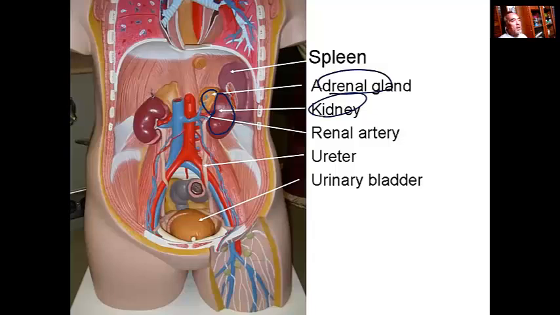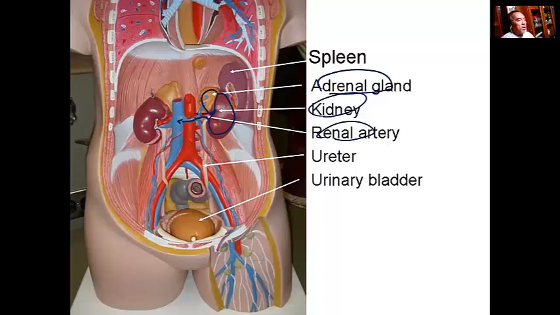Now we see the renal artery that enters the kidney. Remember, the renal artery will divide into different vessels that will become your glomerulus. The renal vein is also visible, and the vein takes the blood from the small capillaries back and connects into the inferior vena cava.